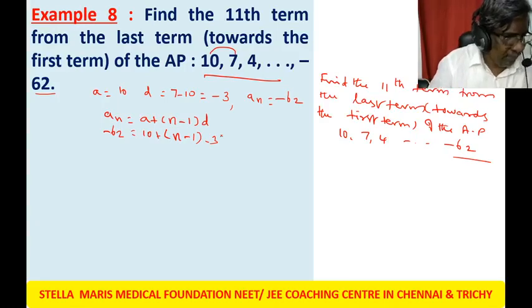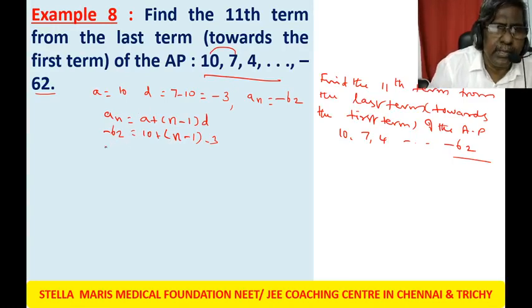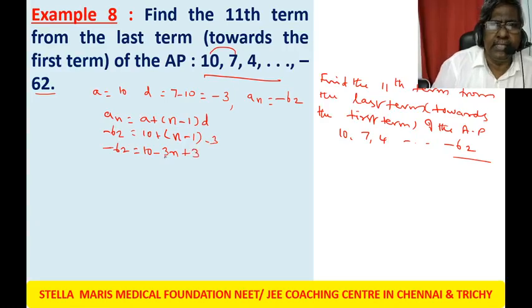Okay. Now if you do this, we'll solve this. You get minus 62 is equal to 10 plus minus 3n plus 3.